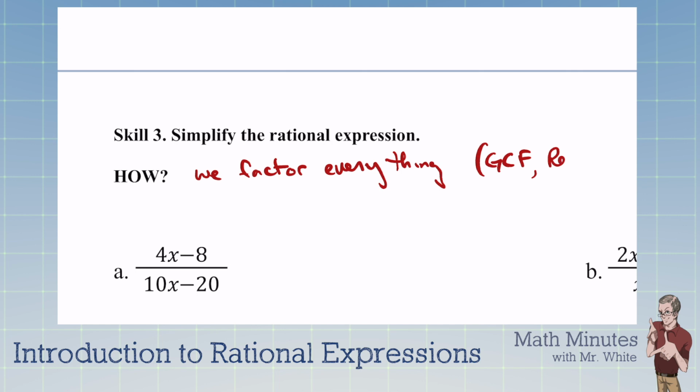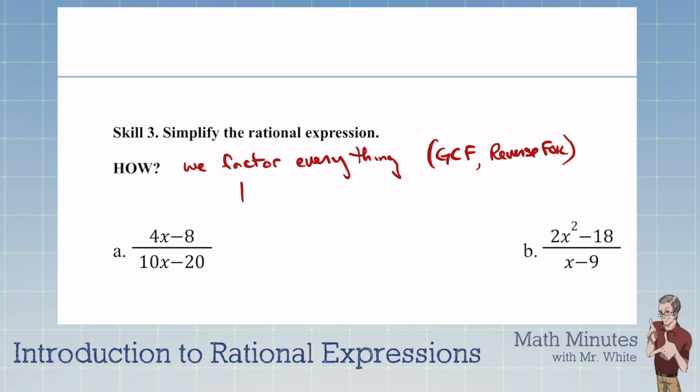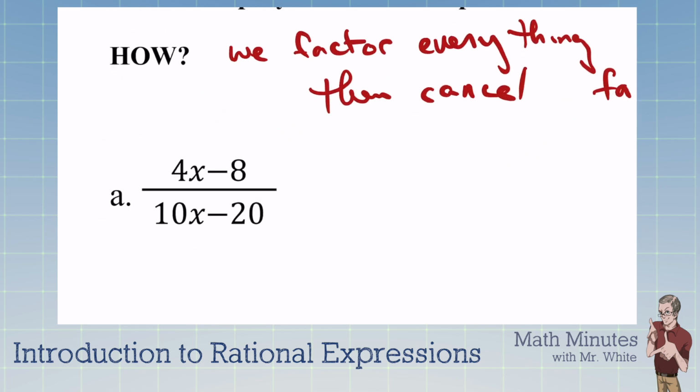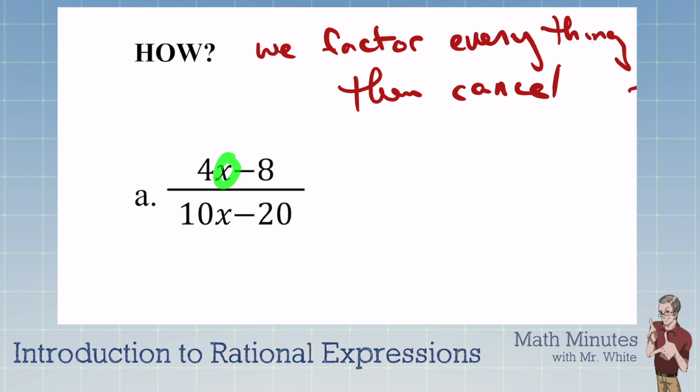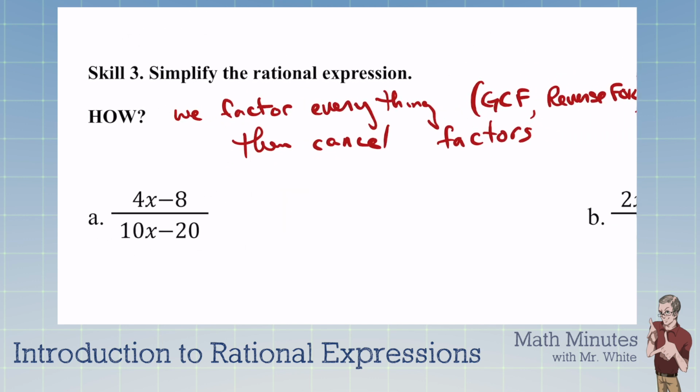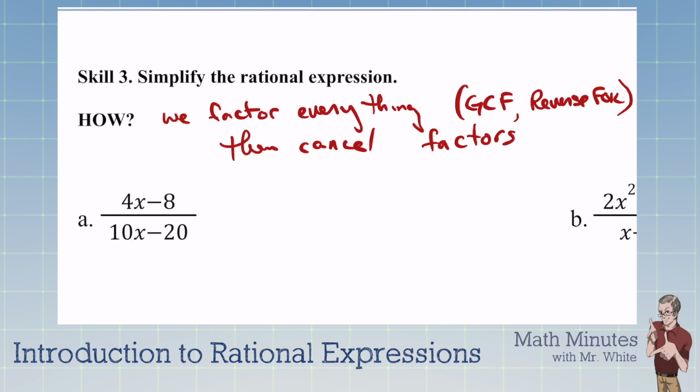We reverse FOIL. We do every possible thing we can, and then cancel factors. You can only cancel factors. You can't cancel terms. So don't forget, for example, in A, this x and this x do not cancel because they're not factors. They're simply terms being added. I get that question a lot, so it's probably good that I mentioned that.